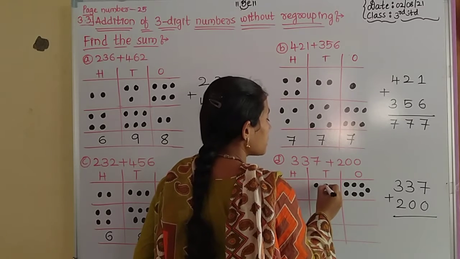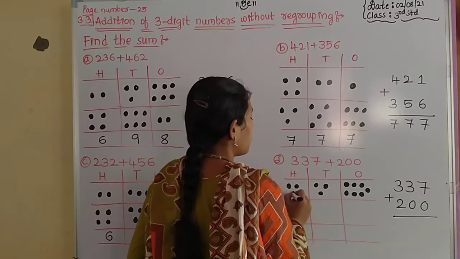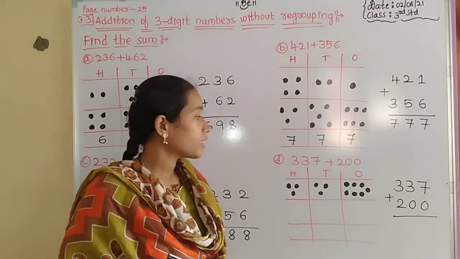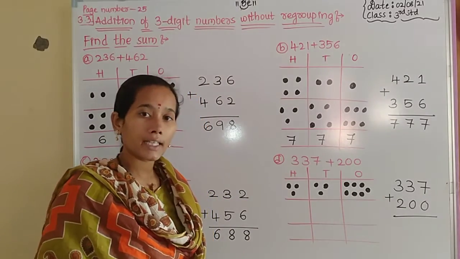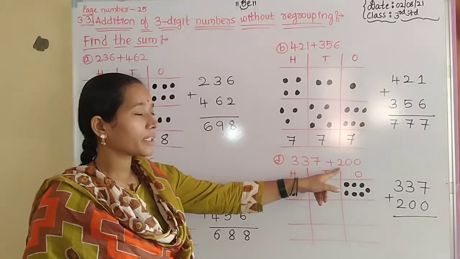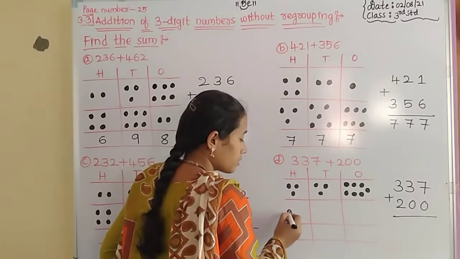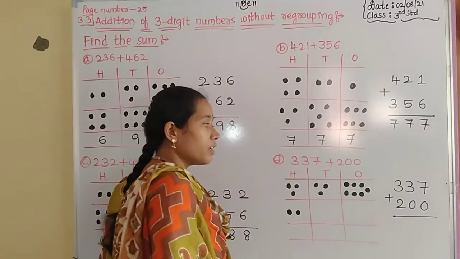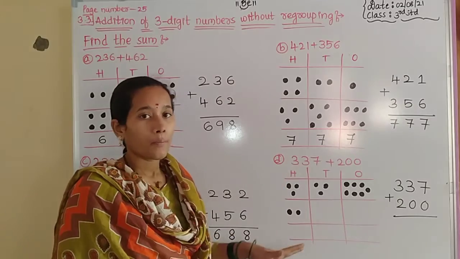Then in the hundreds placement, again 3. But the second addend consists of 200. Here the ones and the tens placements have the number 0. 0 means nothing, so leave those places and directly represent the number 2 in the hundreds placement. Here the tens and ones places are empty because they have 0 in their positions.